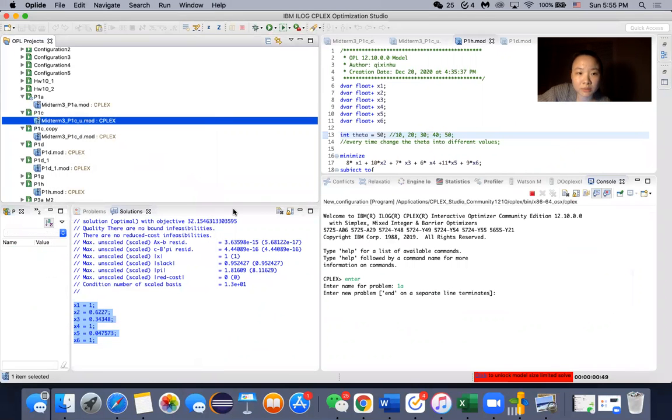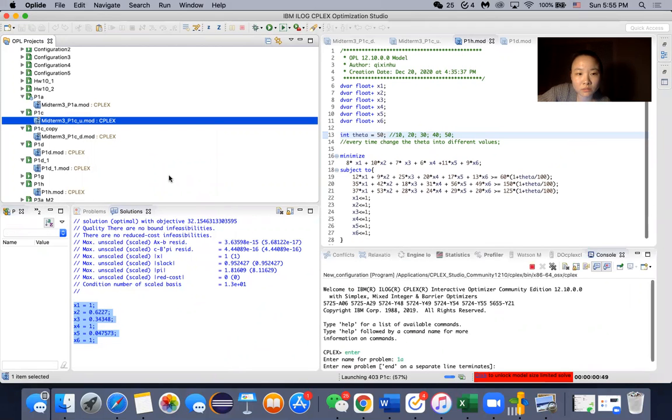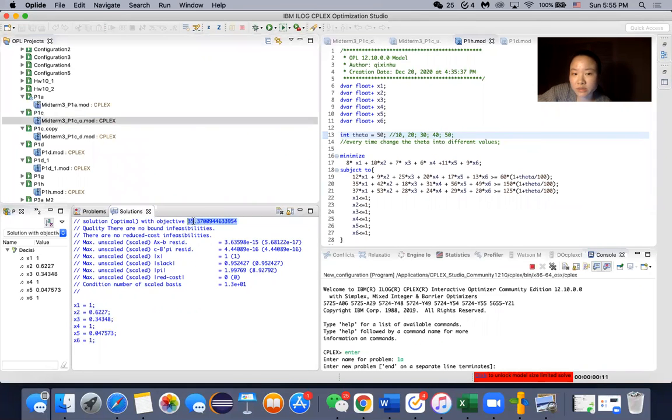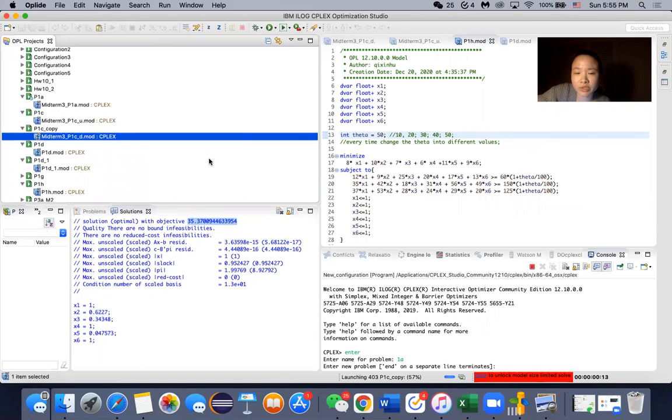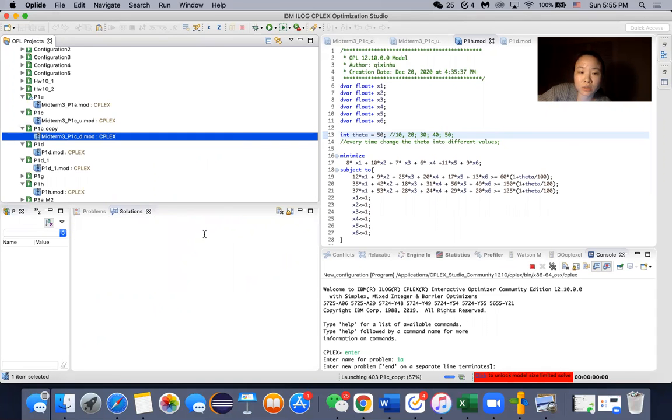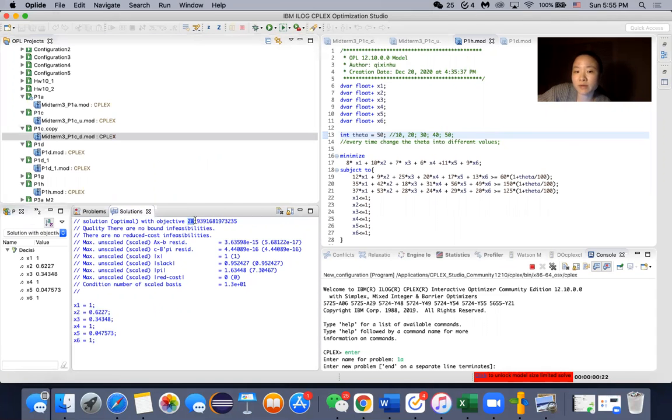This is going up, and it increased by like 3 million compared to the original one, which is 32. And this is decreased by like 3 units.